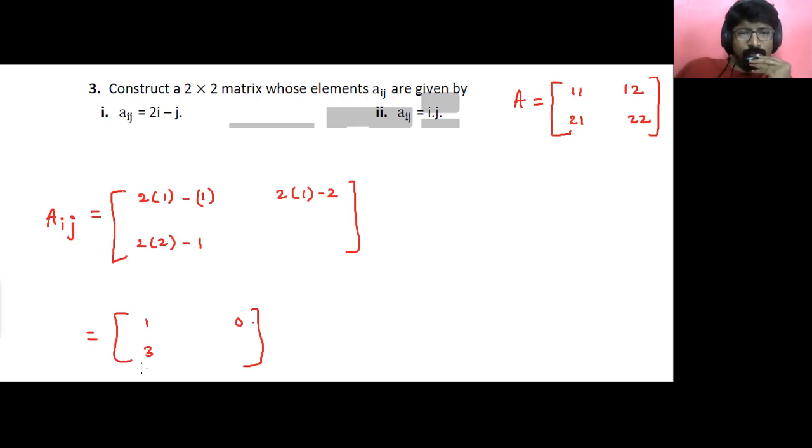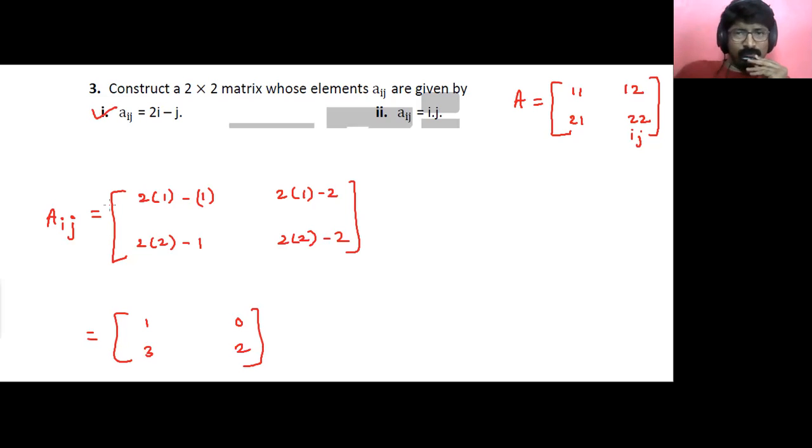I hope you understood how I got this entry 3. Now, this is the second row and second column. i is also 2 and j is also 2. So we will plug in the values: 2 into 2 is 4, minus 2. 4 minus 2 will become 2. And that's how we have obtained the first matrix.